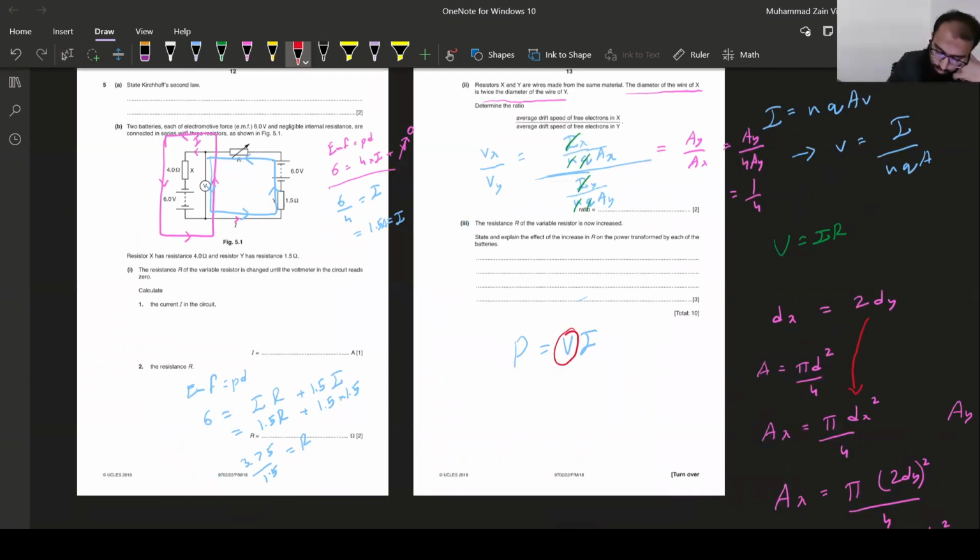Voltage remains the same because voltage is associated with the battery, not with what the current is. So the EMF is the same. If I've decreased I, I've also decreased the power. So the power transformed by each of the batteries would also decrease if I increase the resistance of the variable resistor R.